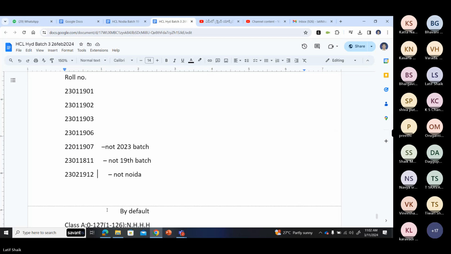You can see January batch, February batch, like a Hyderabad batch, Noida batch. You can see the difference here. This is 19 batch, this is 18 batch, and this is again 19 batch.